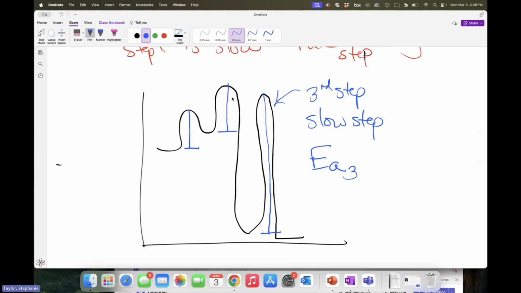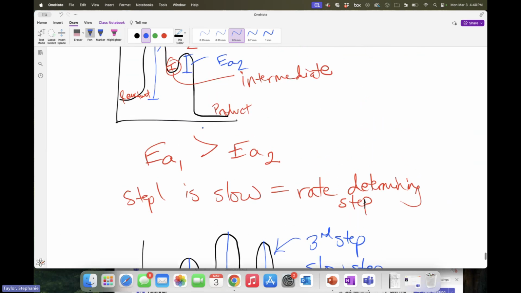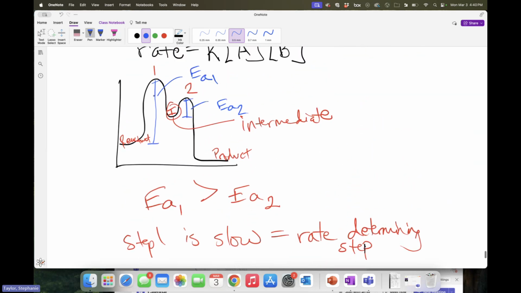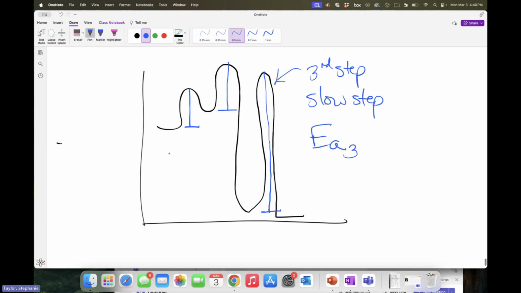I have to admit, I don't know if 1 or 2 is bigger after that, but one of the mistakes I sometimes see people make is they'll just try to look for which hump is highest, and that's not how this works. We're absolutely trying to think about the activation energy of each one of those, and sometimes they're the same. So this other one that I drew, the first step definitely has the highest hump. The first step also has the greatest activation energy. It's that line underneath. Here, though, that's not true.